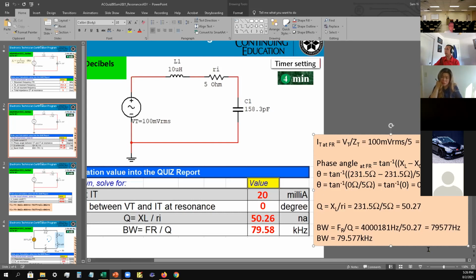This formula would give you pretty close to ideal. We're talking about the ideal situation here. When you deal with actual applications, you have to take into account the tolerance of the resistor, the inductor, and the capacitor. Right now the calculation is based on an ideal situation. Thank you, sir. You're welcome.